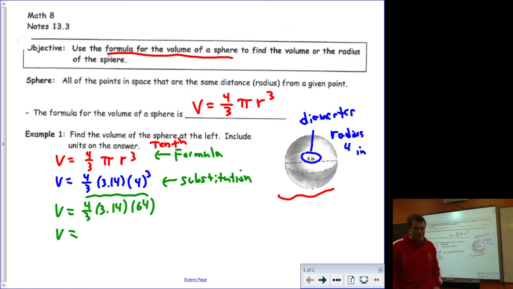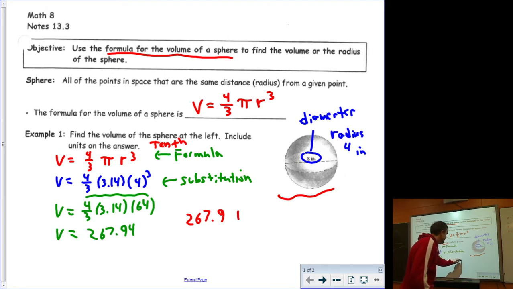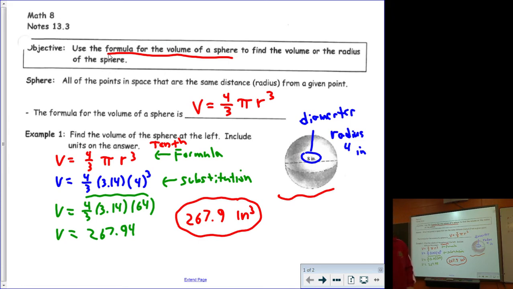And if you try this on your own, I think what you'll end up with is 267.94. And since I am supposed to round to the nearest tenth, my final result would be 267.9 cubic inches. And I have found the volume of the sphere.